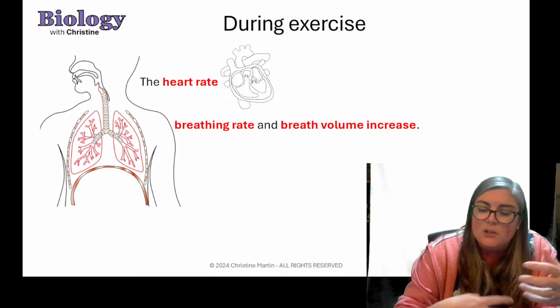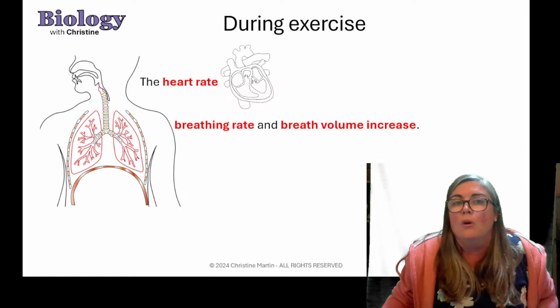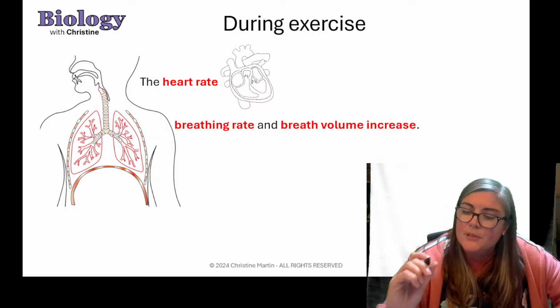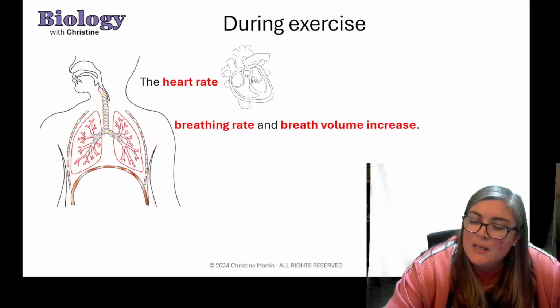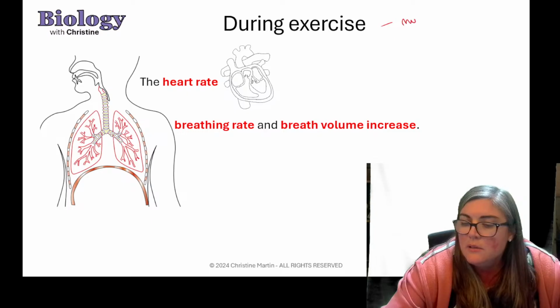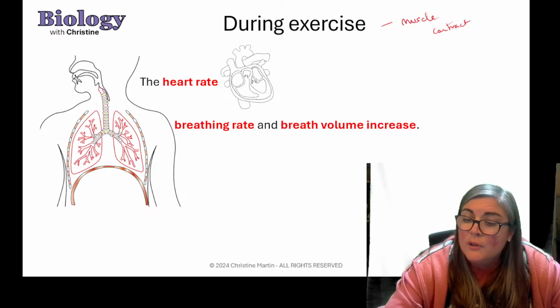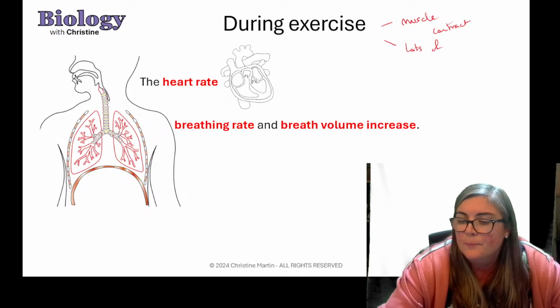So if I'm going to release lots of energy, I'm going to need to be doing lots of respiration, because one of the things to remember is when you look at your exercise, my muscles will need to contract. If my muscles need to contract, they therefore need lots of energy.